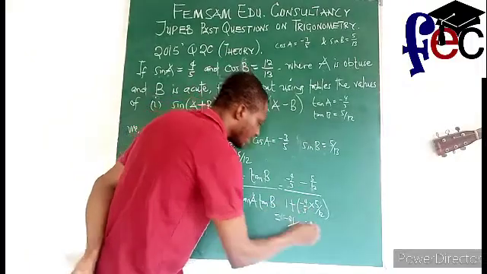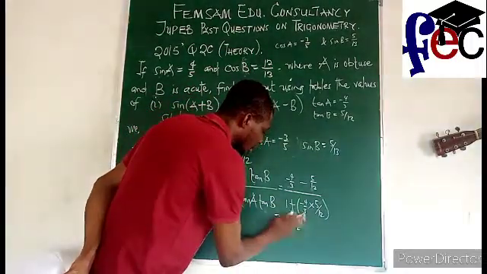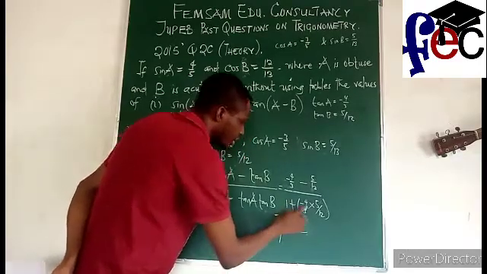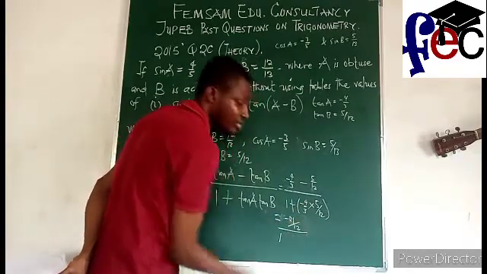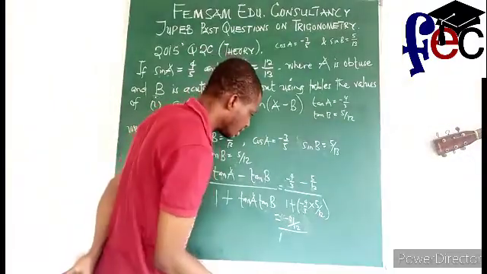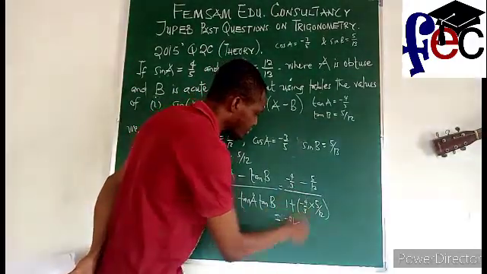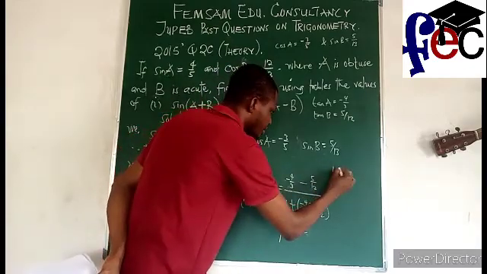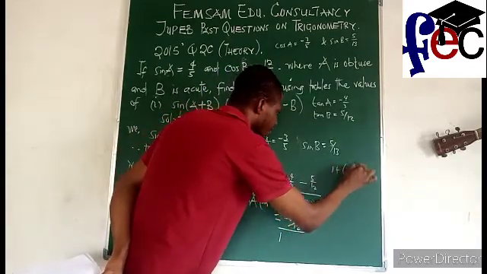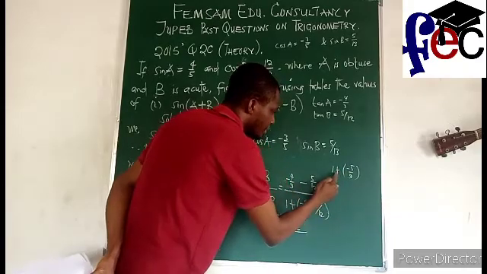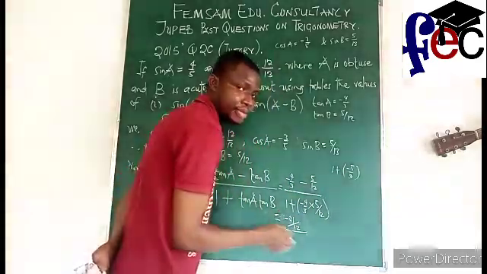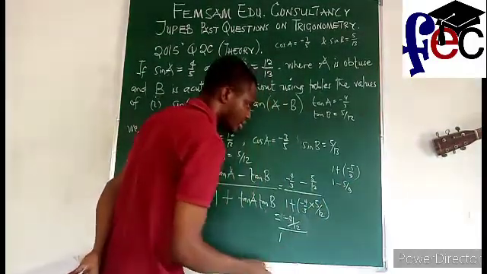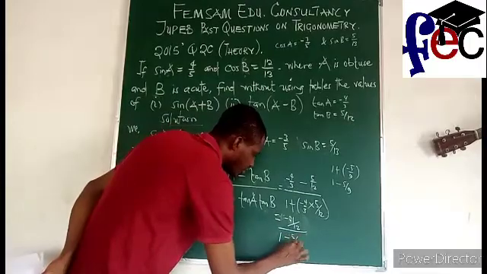Sorry, minus 5 over 9. So this will give us 1 plus minus 5 over 9. And plus times minus is minus, so this will give me 1 minus 5 over 9.